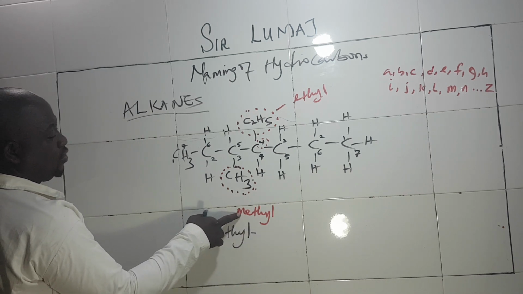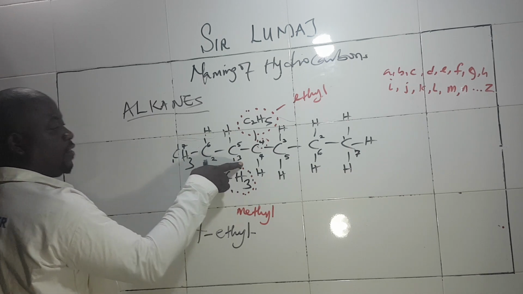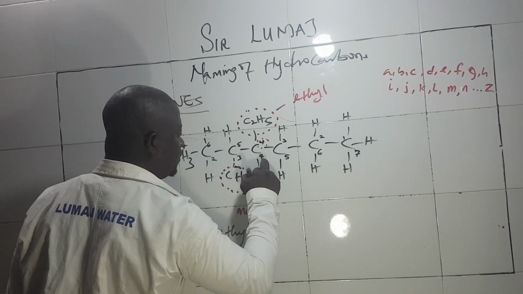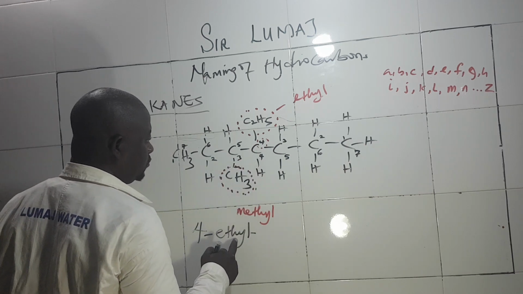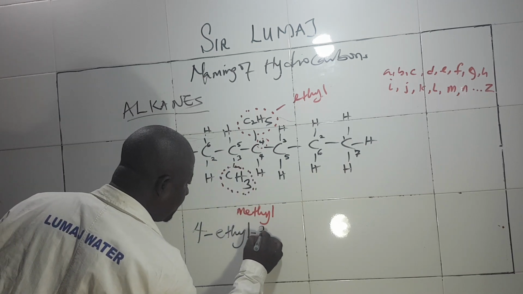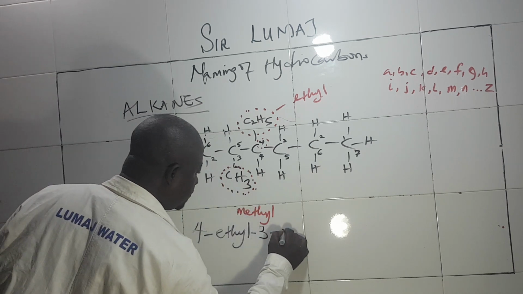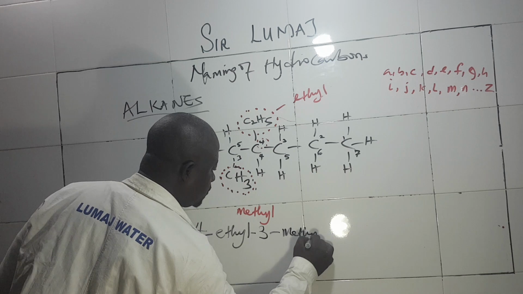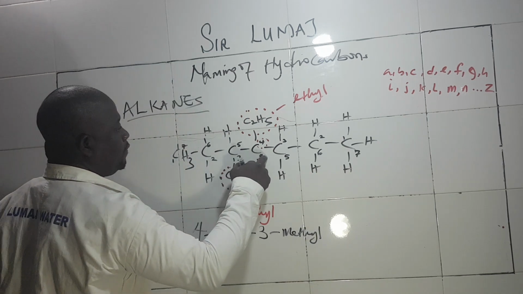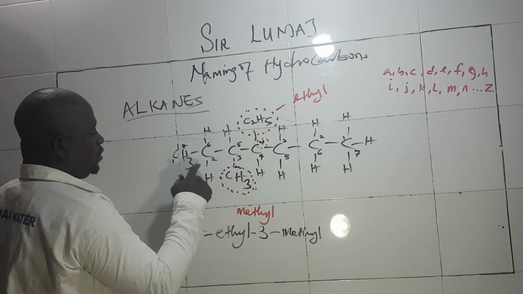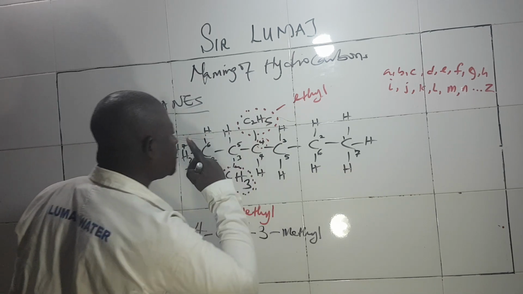This methyl is attached to which carbon? Carbon number 3, if you're counting from this side. So it is 4-ethyl, 3-methyl. Is that clear? 4-ethyl, 3-methyl.